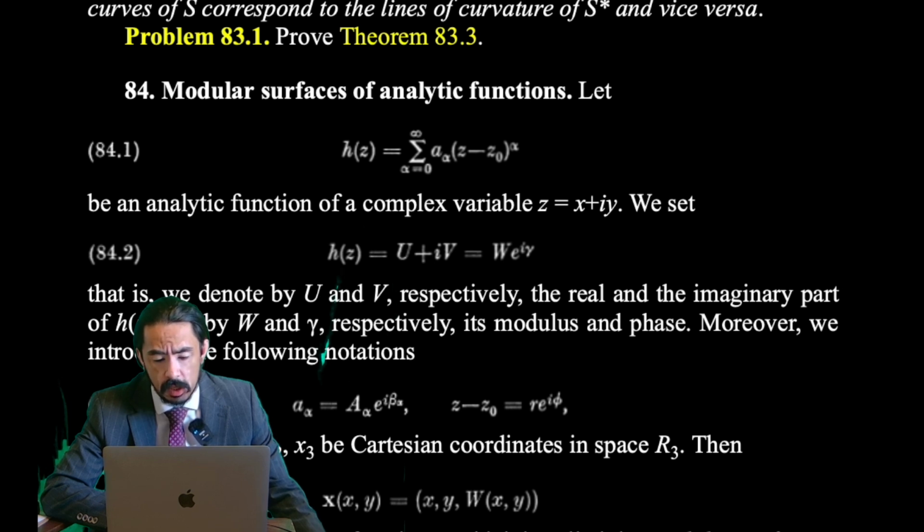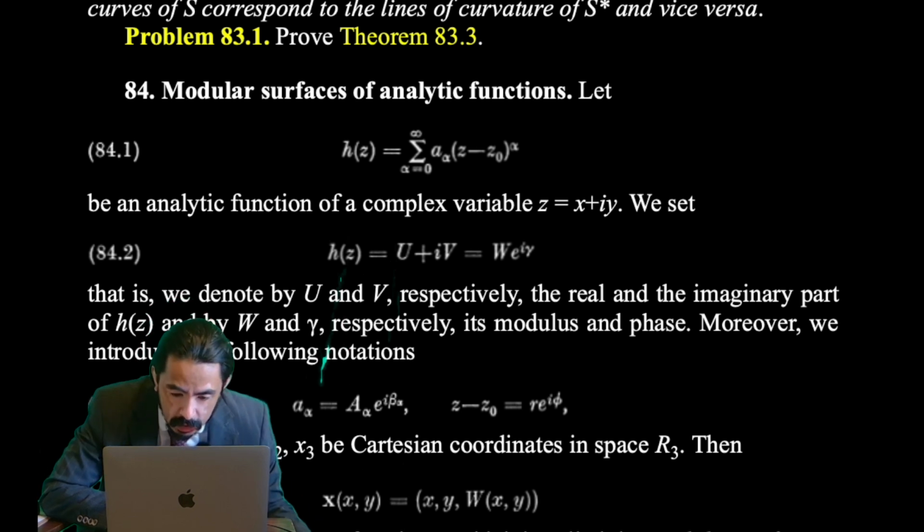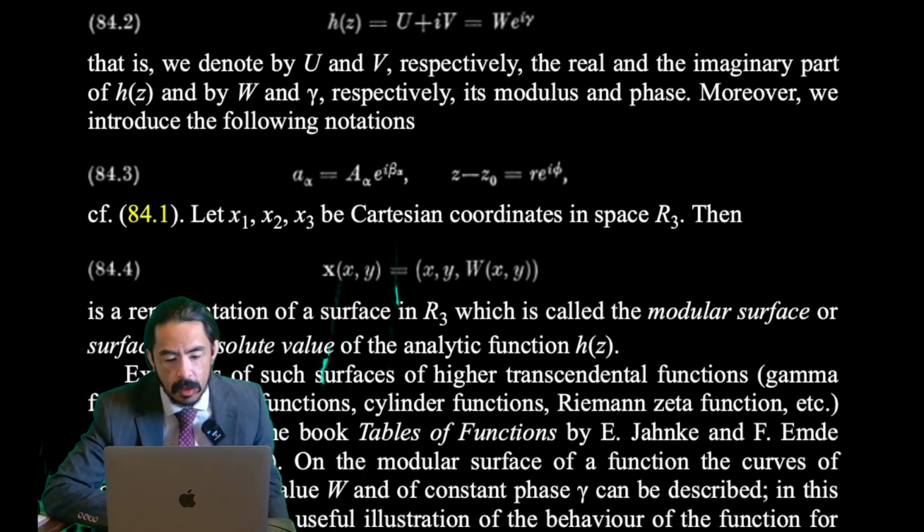We set h of z equal to capital U plus i times capital V equal to capital W times e to the i gamma, lowercase gamma. That is, we denote by capital U and capital V respectively the real and imaginary part of the function h of z, and by W and gamma respectively its modulus and phase.